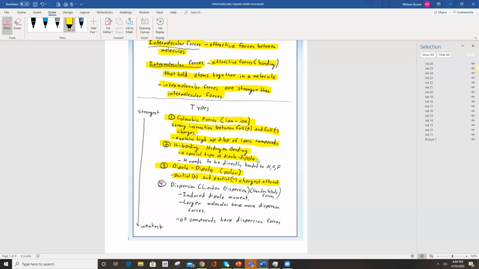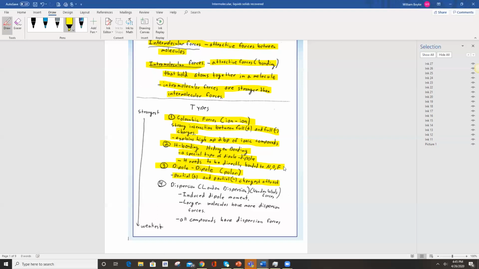To get this special type of dipole-dipole, you have to have a certain specific structural feature in the molecule. And that structural feature is that hydrogen needs to be directly bonded to either nitrogen, oxygen, or fluorine. Those three are our most electronegative elements.